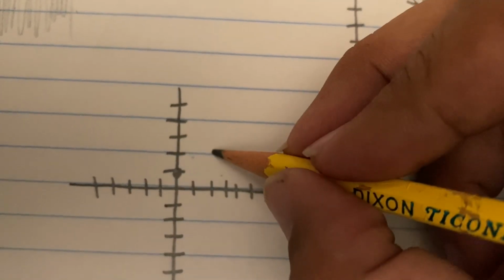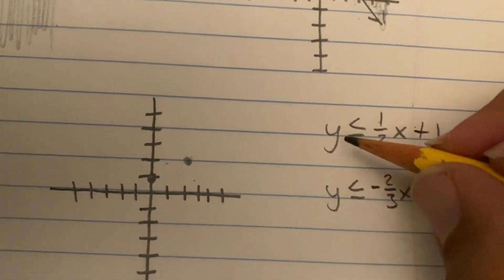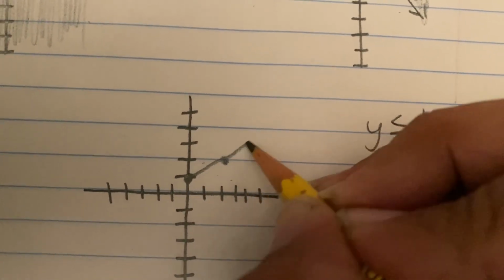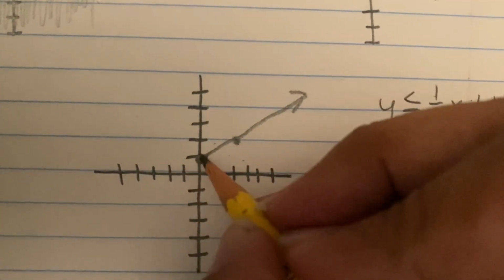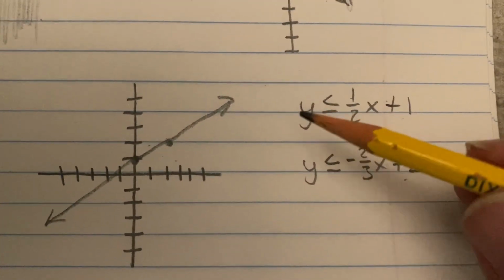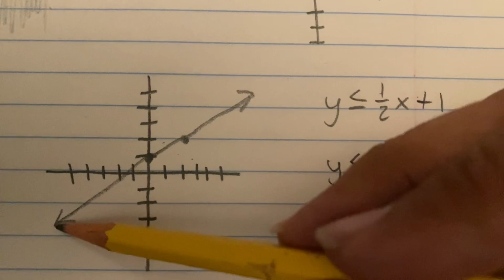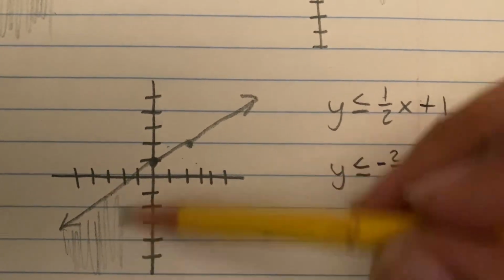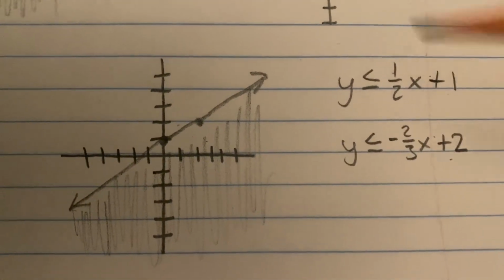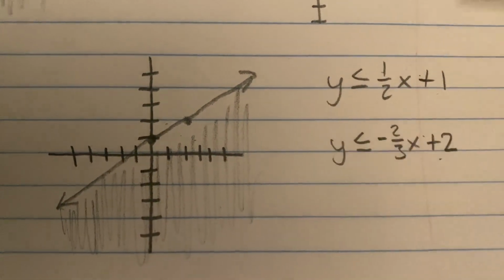It's going to be a solid line because of the equal to. And then y is less than this line, so we're just going to be shading below this really softly because I need to be able to graph another one here in just a second.